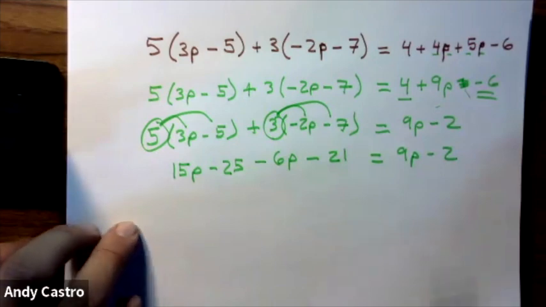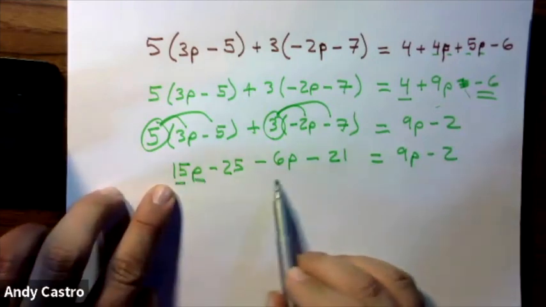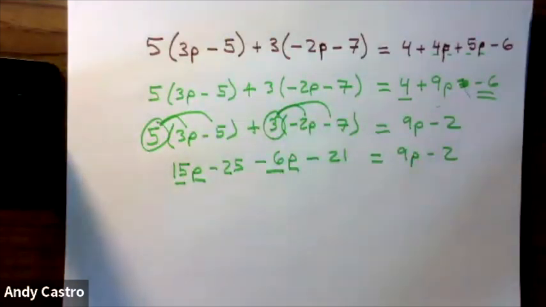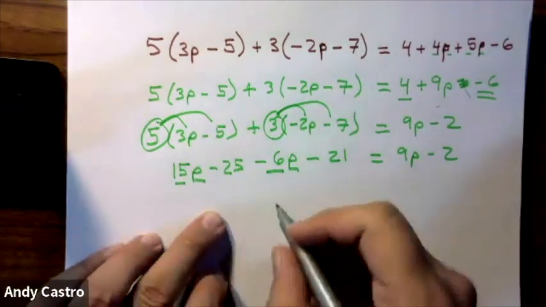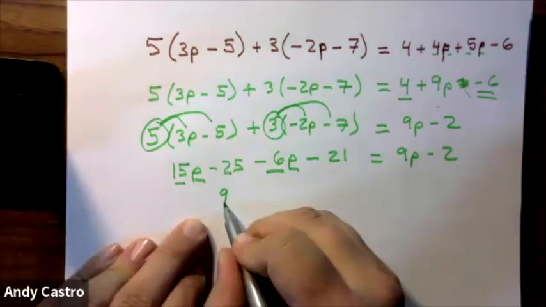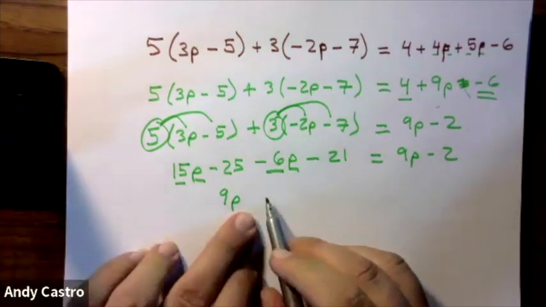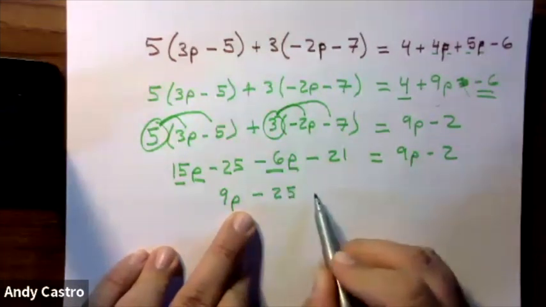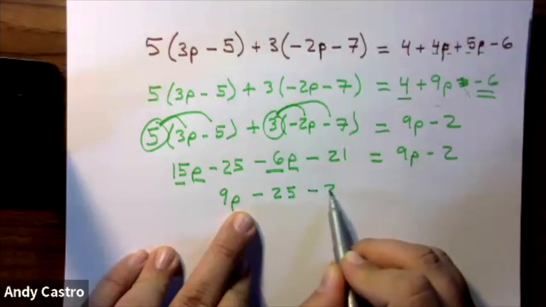I've got like terms, so I'm going to combine the 15p with the negative 6p. And that's going to give me 9p. And then I've got minus 25 minus 21.